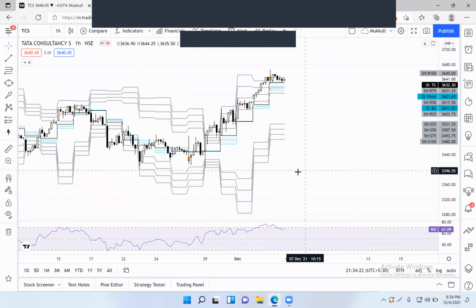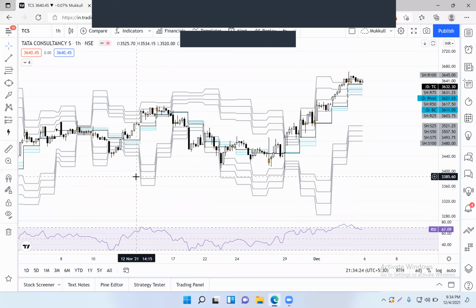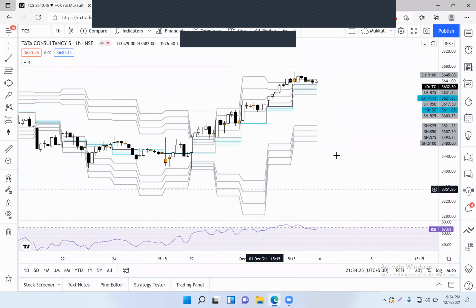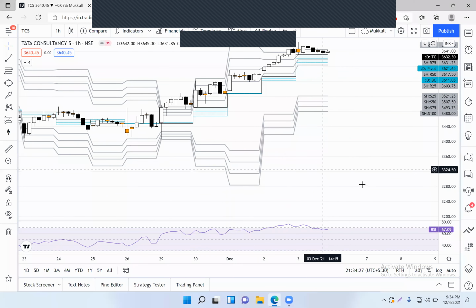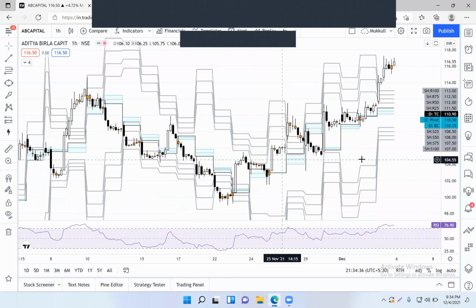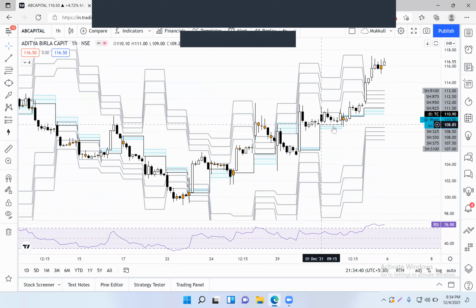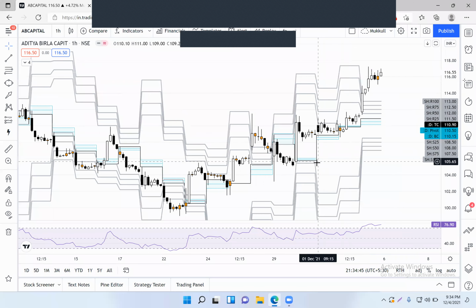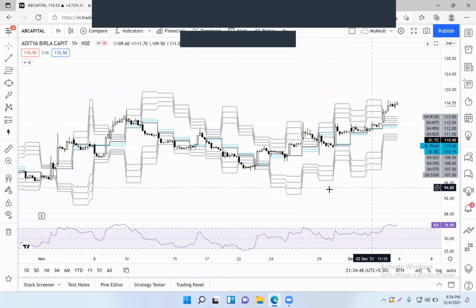Yeah, it was on 29th, it reversed. Mukul bhai, AB Capital. Rally-based rally, hai? Yeah. Okay. Yeah, we can consider this, no issues.